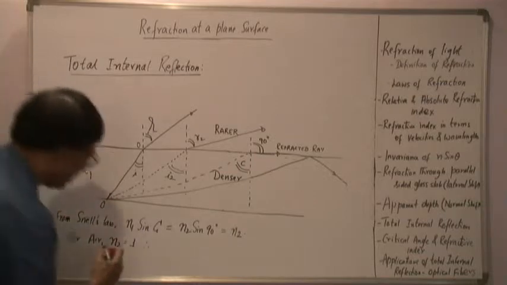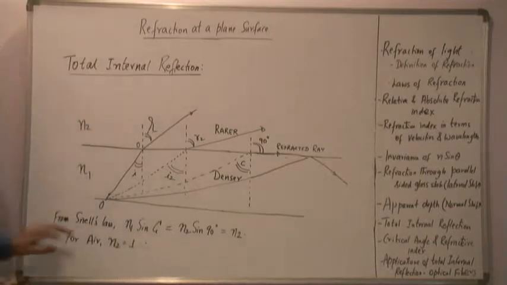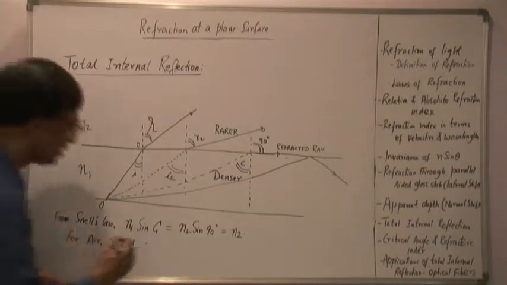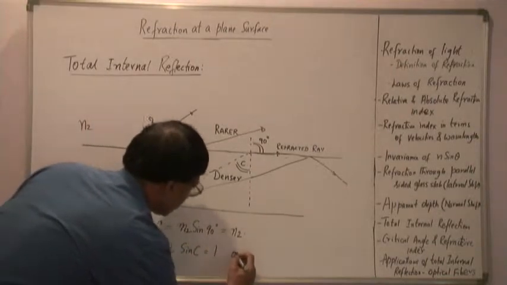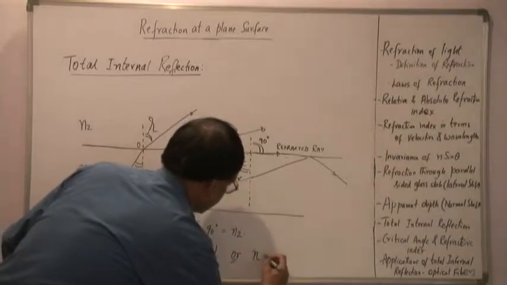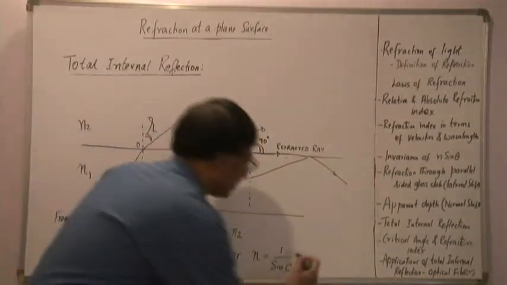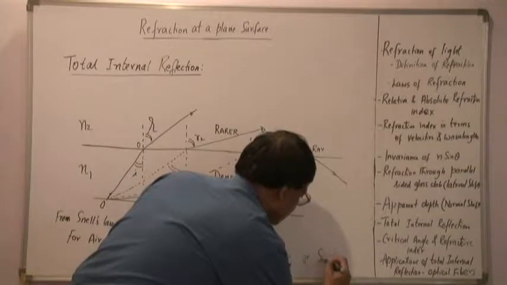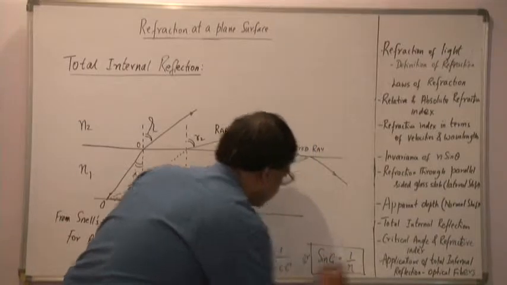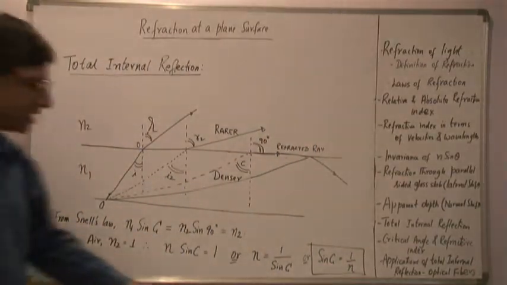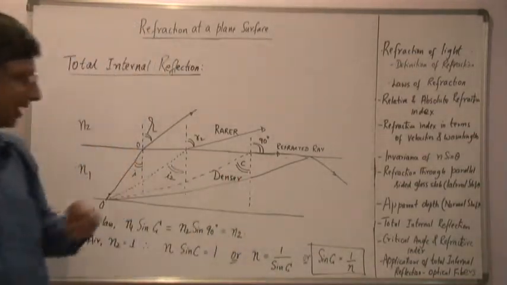And let us say instead of having N1, let us say this is the refractive index N. Therefore we will have N sine C is equal to 1, or N is equal to 1 divided by sine C, or alternatively I can write sine C as 1 divided by N. So this is the expression I get for C, that is the critical angle.